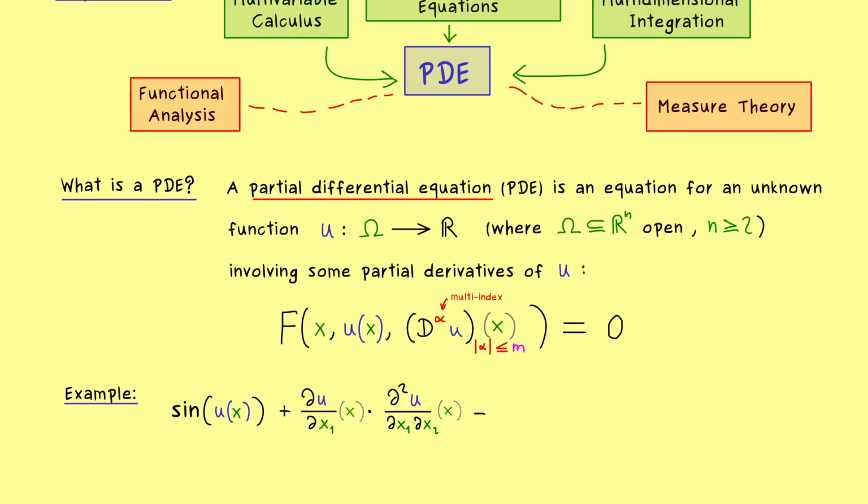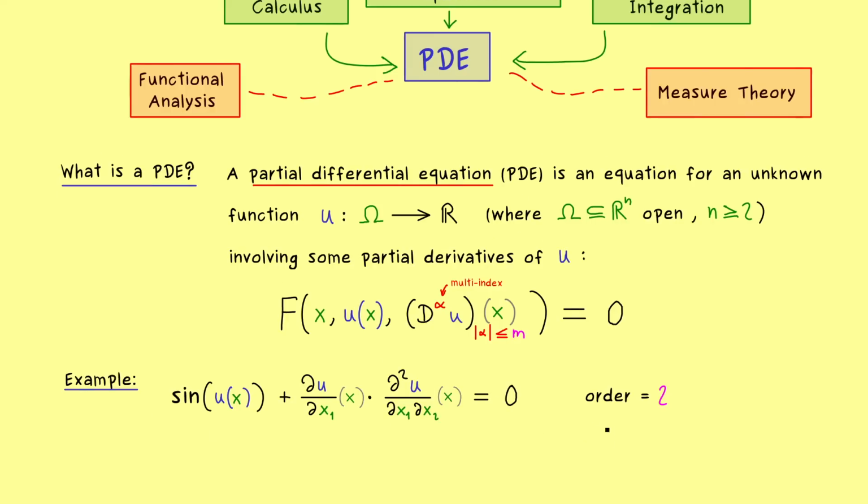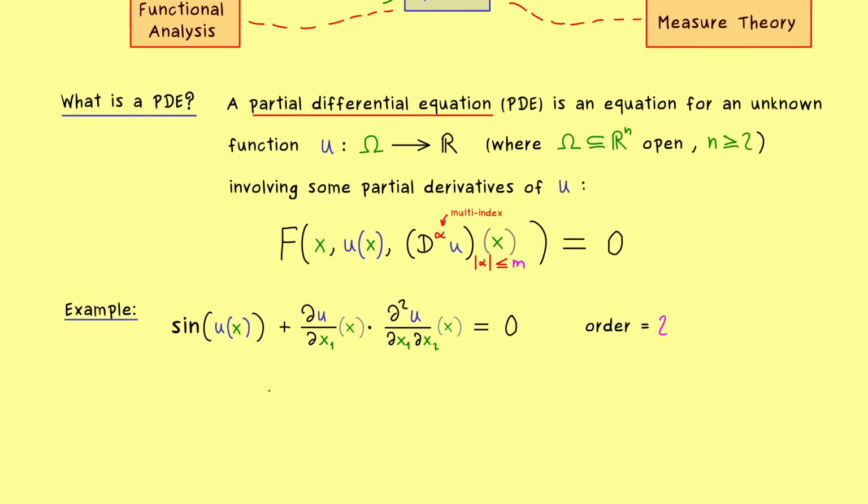And as before, everything here is evaluated at the point x. There you see, the highest order for the partial derivatives, this m that is involved here, could be chosen as 2. So this is the minimal choice for our m, and therefore we say that this PDE has order 2. It just means that the highest order of partial derivatives that is involved is of order 2.